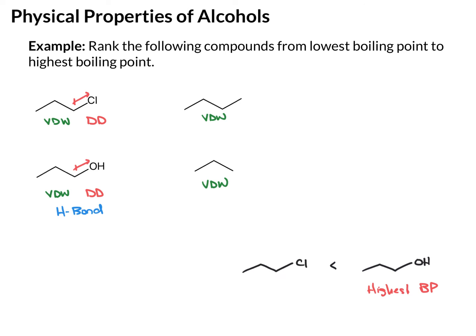But now we're down to these two compounds that only have van der Waals forces. So how can we figure out the difference between these two? Well, the one on the top has a 4-carbon chain. The one on the bottom has a 3-carbon chain. The longer chain has more surface area. More surface area means stronger van der Waals forces. So you would expect butane to be higher boiling than propane.